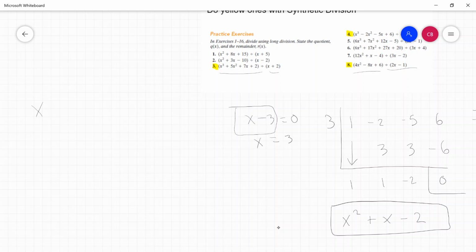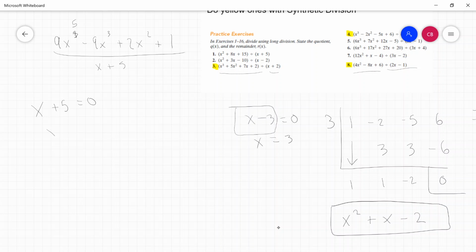I have x plus 5. So let's say that's equal to 0. So what we're doing is, let's do 9x to the fifth. Let's say that is our equation, and then that's divided by x plus 5.